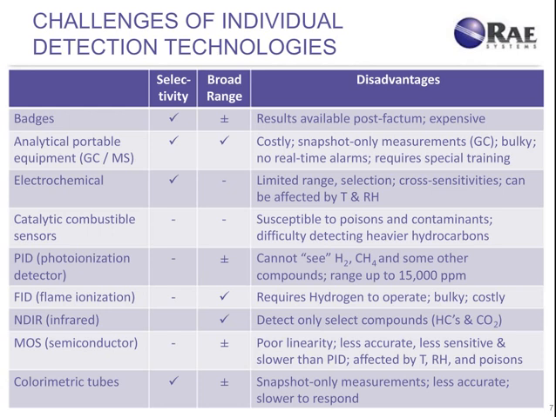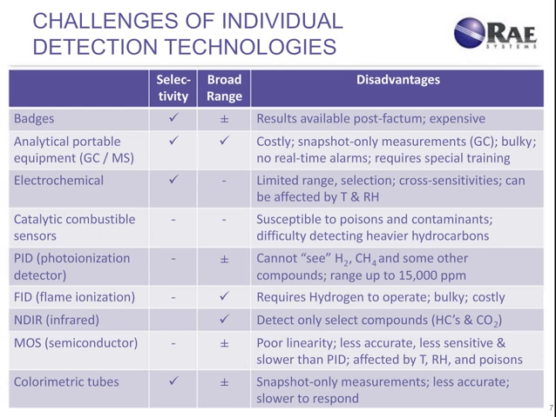Now, if you look at the catalytic combustible sensors, or what we refer to as LEL sensors, lower explosive limit sensors, they are not selective, as broadband sensors, and they usually measure within 0 to 100% of the lower explosive limit range. So they stay within the LEL range.